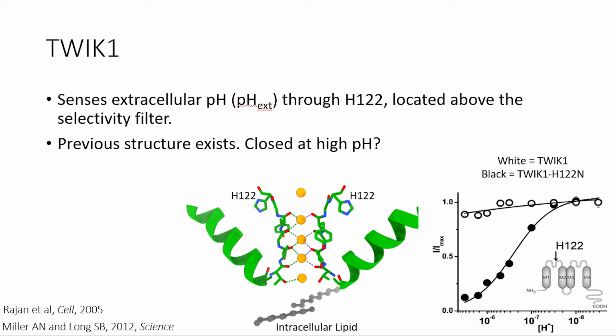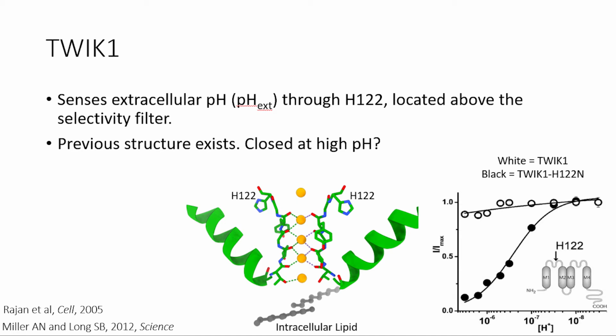When I embarked on this project, there was already a structure that had been solved of this channel, but it had left open some questions. For one, the channel was characterized at a high pH, but it was actually closed. There was a block that was attributed to either these detergent molecules I'll get into later that help to purify membrane proteins, or it was blocked by a lipid from the cell membrane.